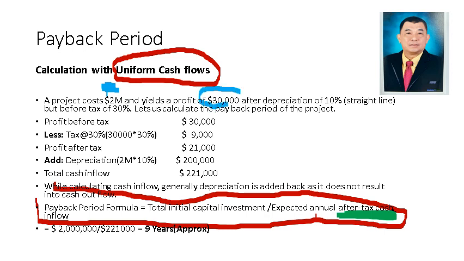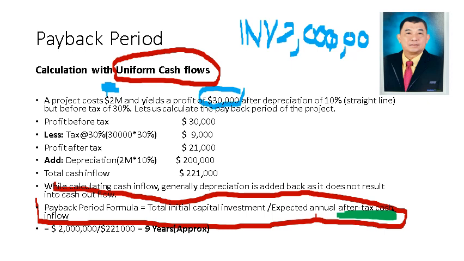So, the initial investment is 2 million, regardless of what currency it is. Okay? And it has a profit of 30,000.